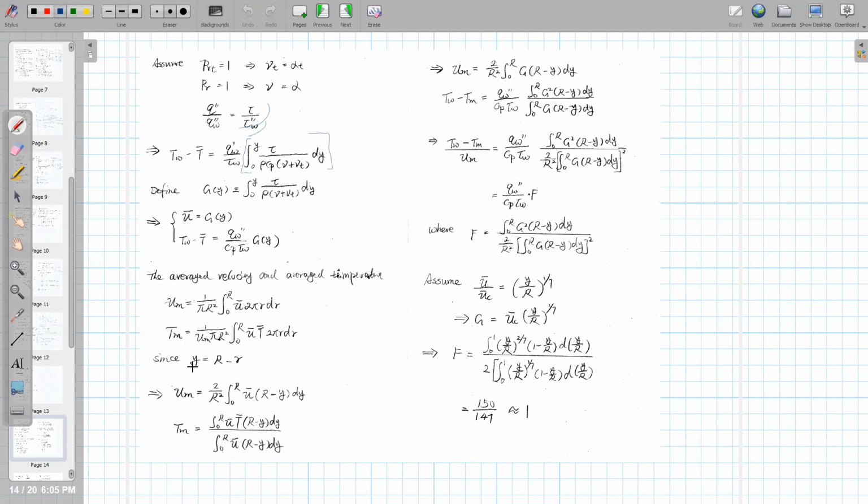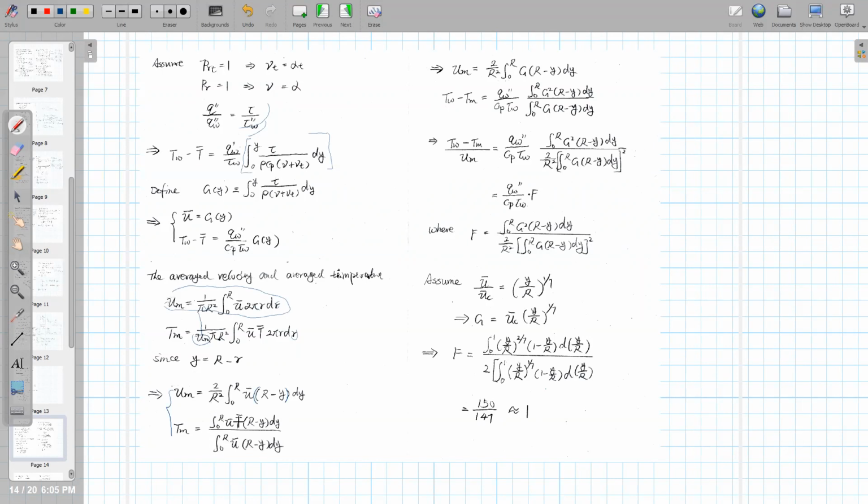Remember that y equals R minus r. So you replace r with y, dr with dy. What you get is U_m equals 2 over R squared, because the pi is cancelled here, times the integral of u of R minus y. Because u is a function of R minus y here. Similarly, you have this T mean value, and because you bring this here, you have the additional term on the bottom.